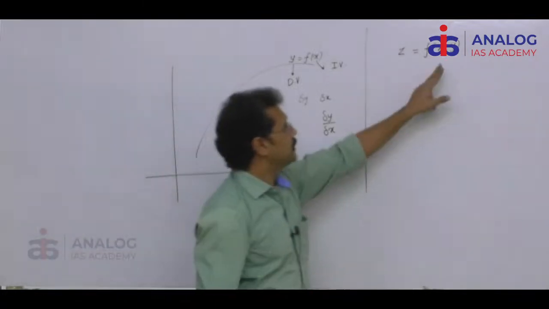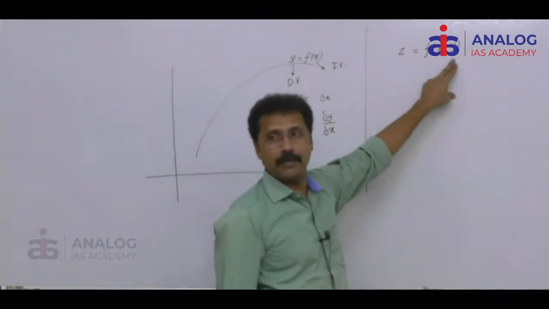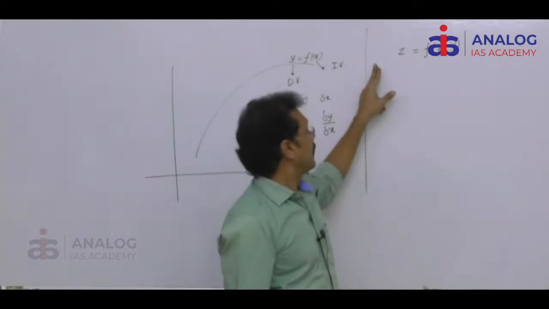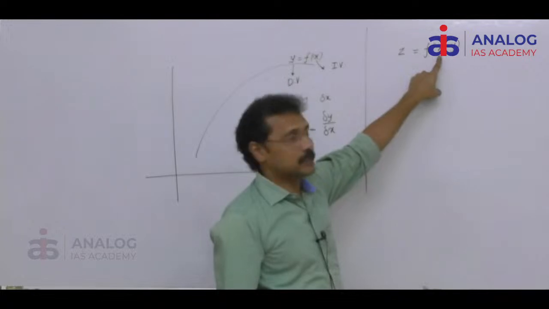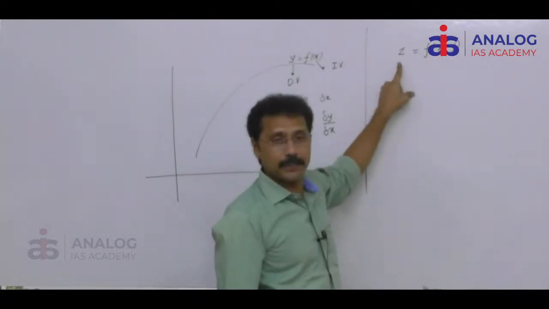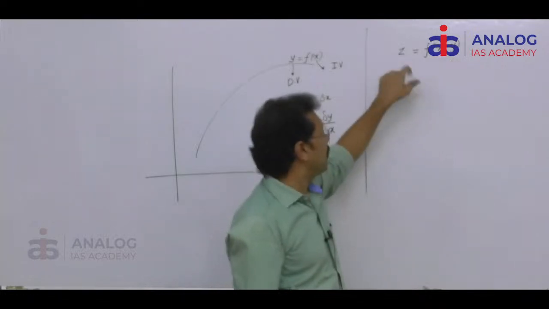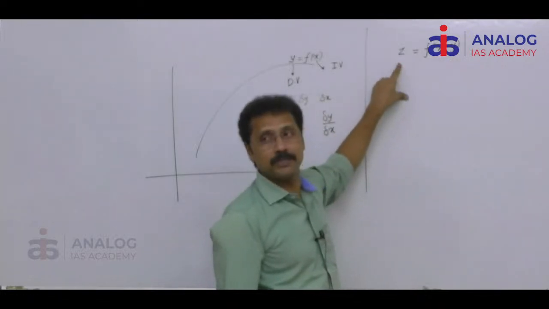In this context, we have two independent variables and one dependent variable. Any changes in x will be reflected in changes in z, and any changes in y will also correspondingly have some changes in z.